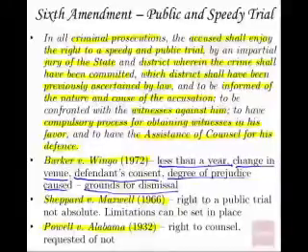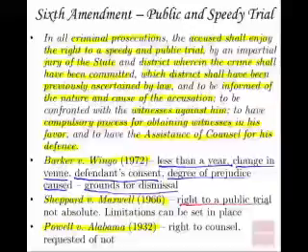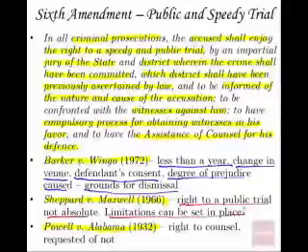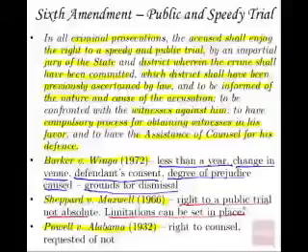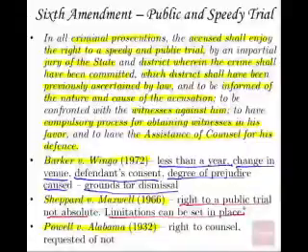Sheppard versus Maxwell basically said that the right to a public trial is not absolute, so limitations can be set in place. If for some reason the individual is too famous, or the judge rules that a public trial is not in the best interest of everything given the circumstances, then that right to a public trial is not absolute.